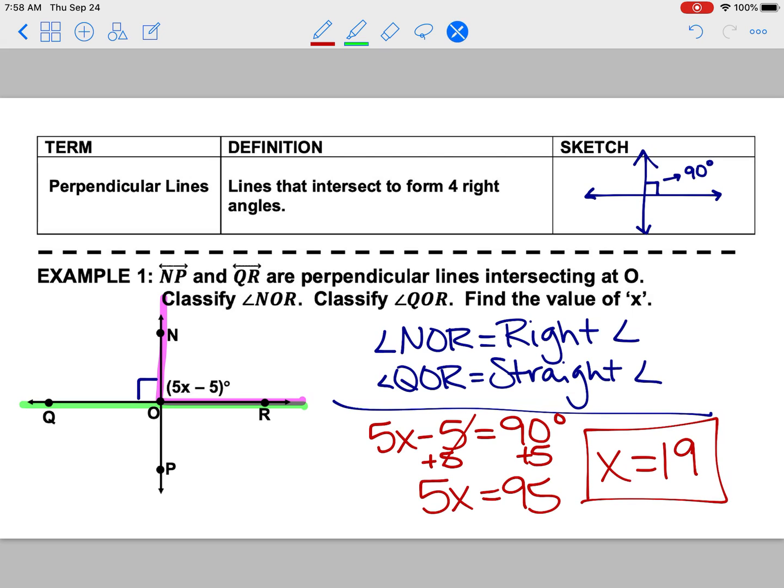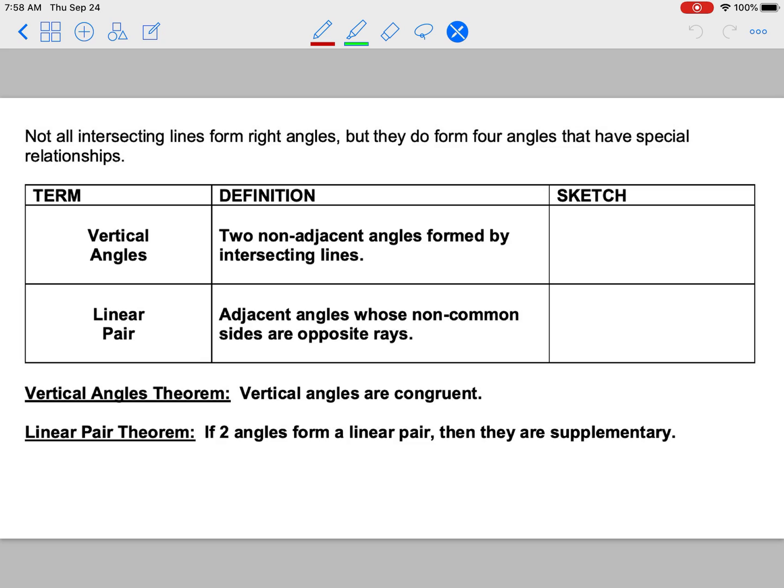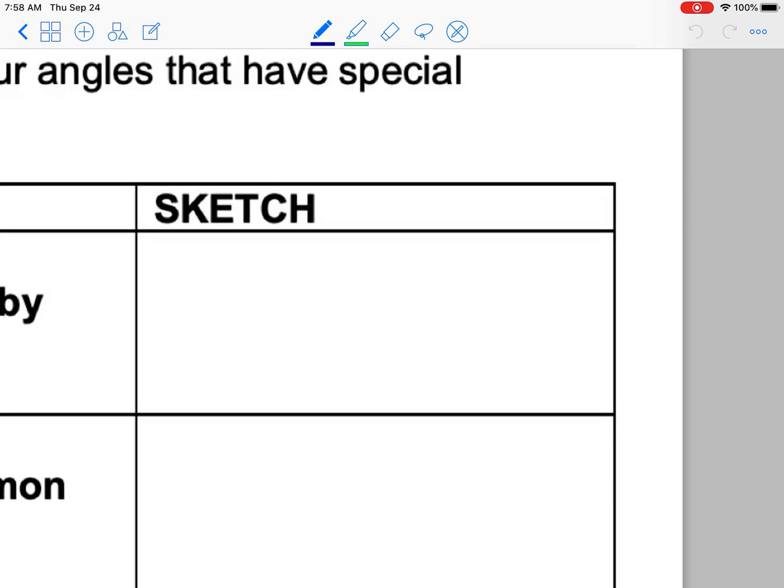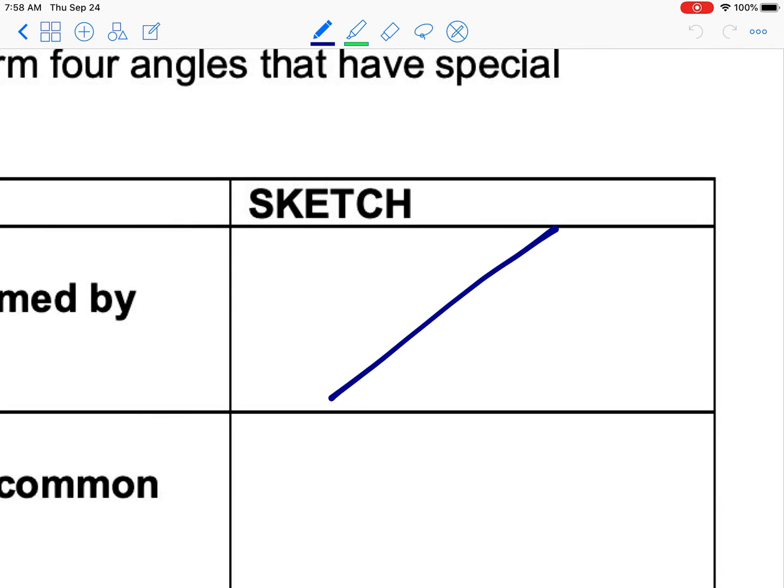Okay. Looking at the next set, we've got some more vocabulary. Now, not all intersecting lines are going to form right angles, but they do have some special relationships that we have to talk about. The first one is going to be vertical angles. The definition is when you have two non-adjacent angles formed by intersecting lines. So the picture for that would look something like this. We have our intersecting lines.